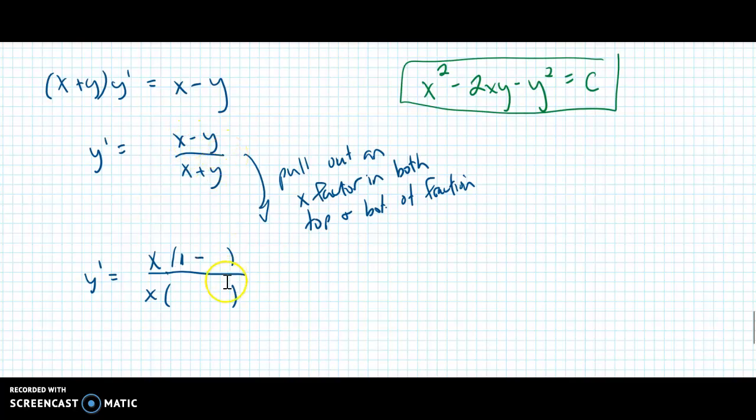And then minus, what would I need to have here such that if I were to multiply an x in, I would just get a y out? Well, I would need a y over x. Do you see it? Because if I distribute this in, I get that. Same thing on the bottom. I get 1 plus y over x. And then these cancel. And now you should see, oh, there's the v, right?